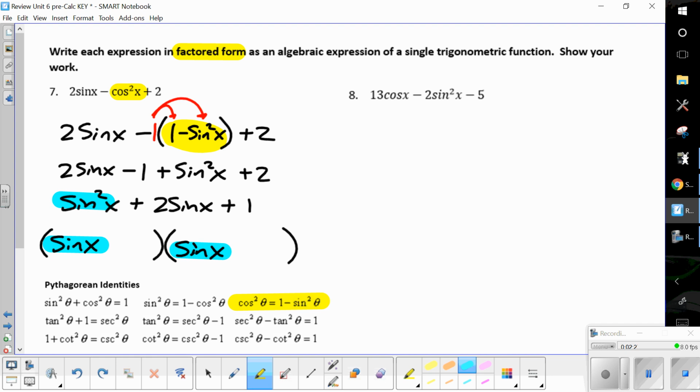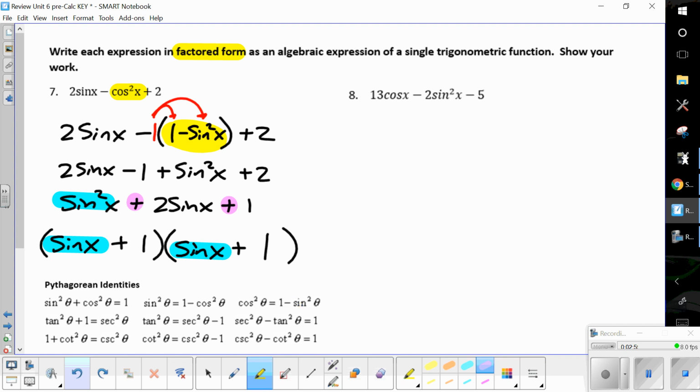Okay, next I like to look at my signs, as in the positives and negatives, and I notice whatever goes in these last positions here has to multiply to a positive 1. And the positive tells me my signs have to be the same, and I look over here and notice they both have to be plus. So plus, and the only whole numbers that multiply to 1 are 1 and 1.